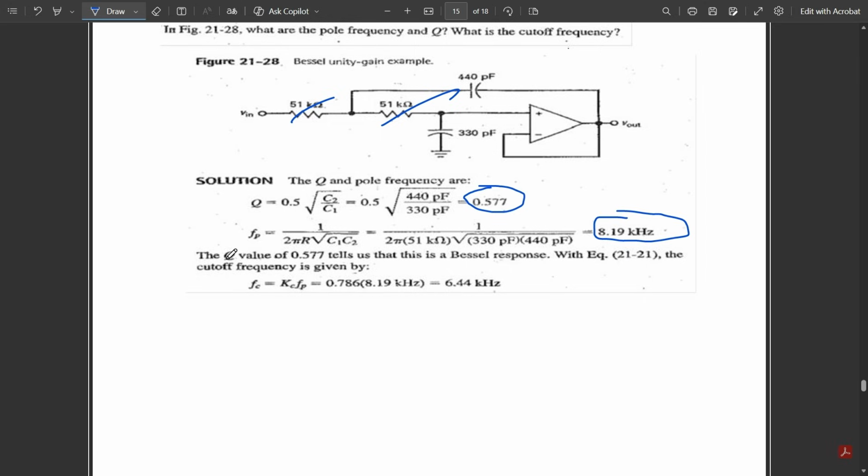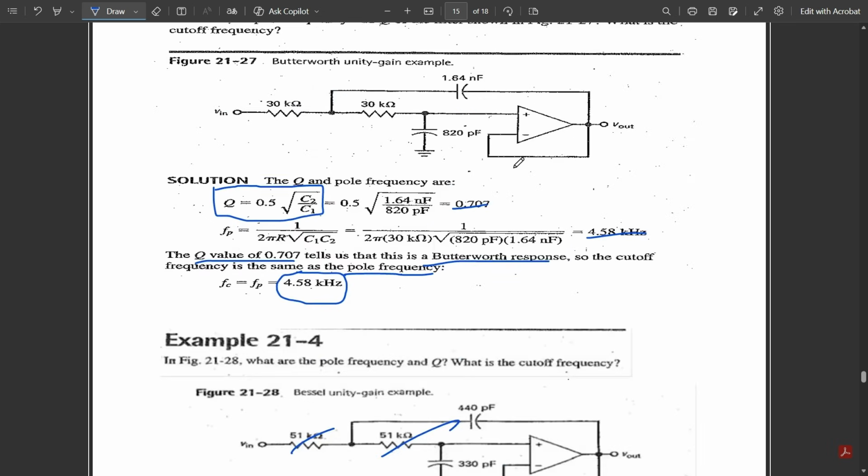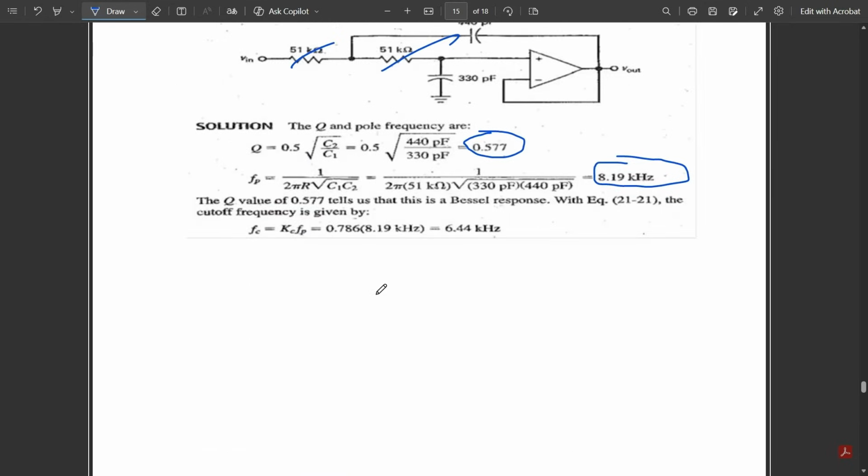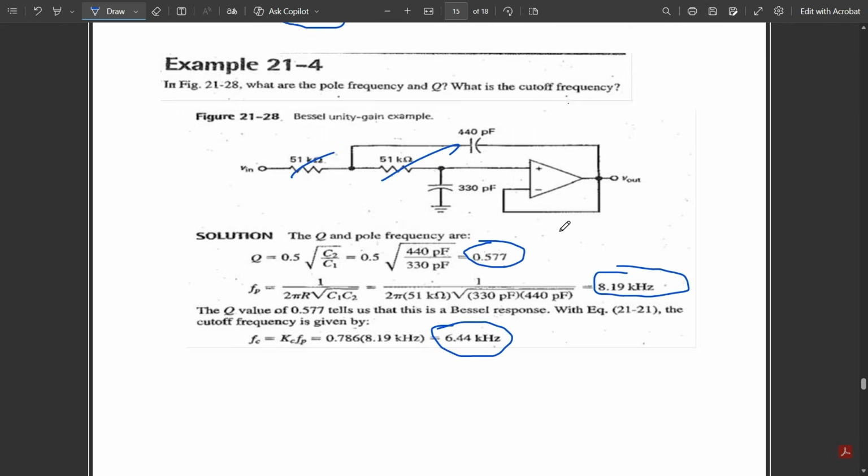Now you can calculate the cutoff frequency, that is Fc is equal to Kc into Fp, where Kc is the Bessel coefficient for a Bessel filter. That also you need to remember. These are things you need to remember: the Bessel coefficient has a fixed value, that is 0.786. You substitute 0.786 into 8.19 kilohertz, and if you solve it, you get the answer as 6.44 kilohertz for a Bessel filter.